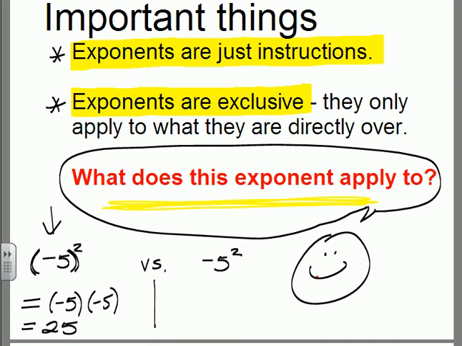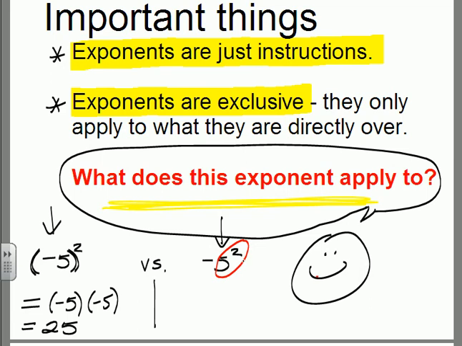In the second case, we've got a -5 squared. Who does that exponent apply to? It's just sitting right on the 5, so it only applies to that 5. So I'm going to put a circle around that. The 2 only applies to the 5.